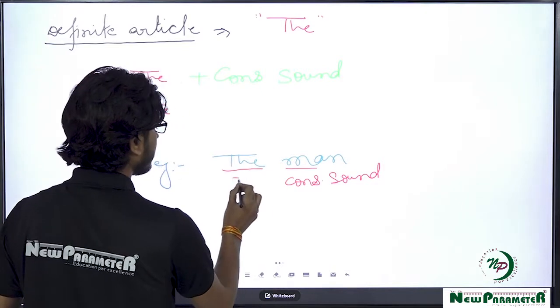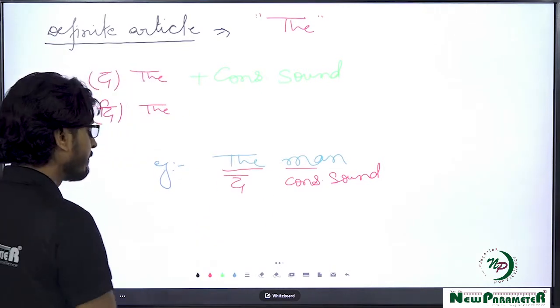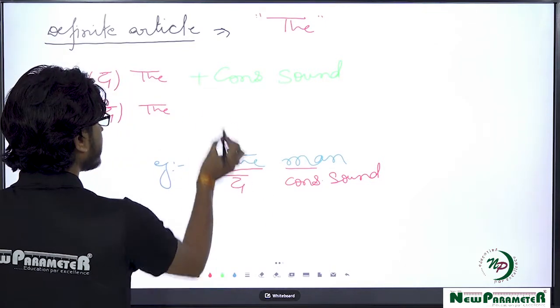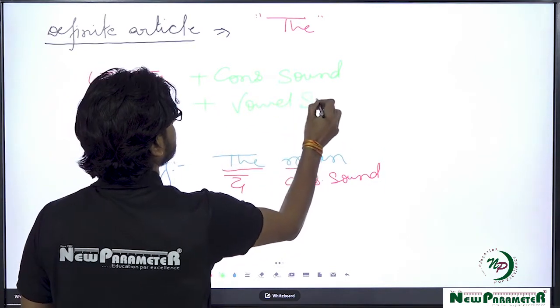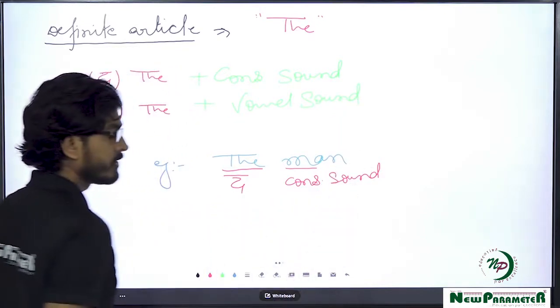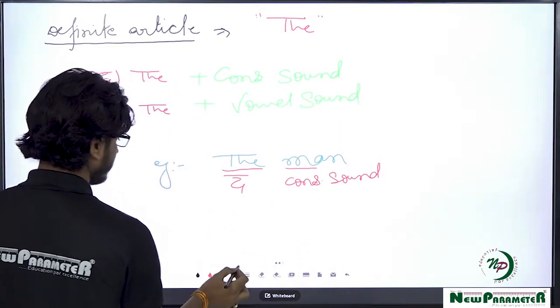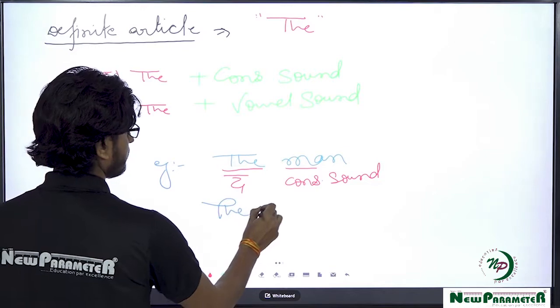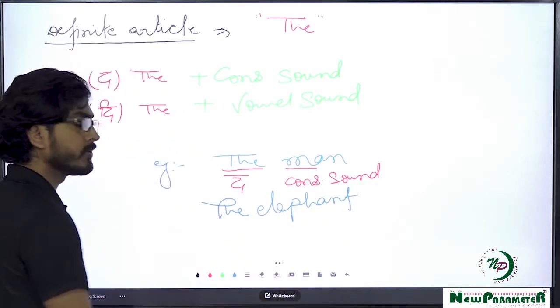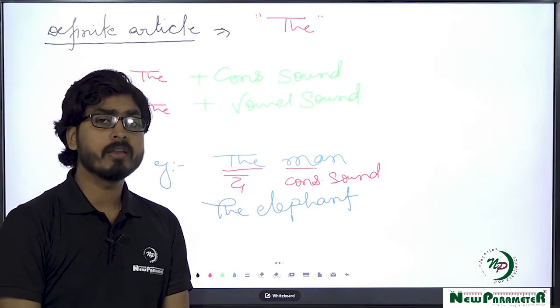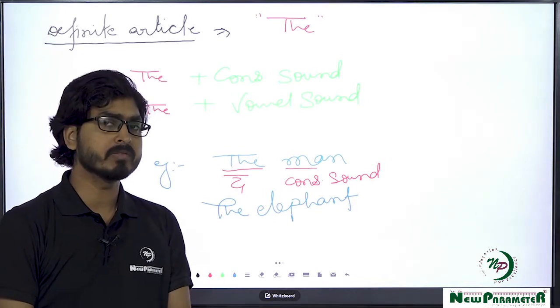This is "thuh man". But "thee" is pronounced when it is just used before a vowel sound. Say for example, elephant.